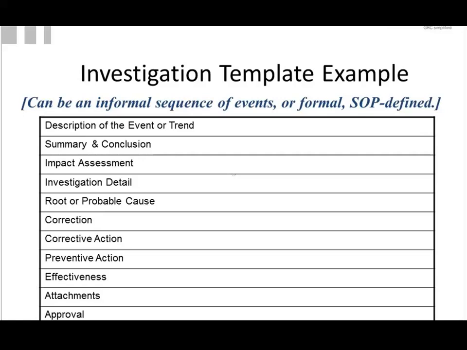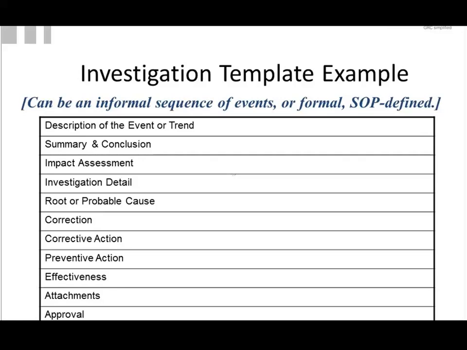Okay. I have a little footnote here. Investigation template example can be an informal sequence of events or formal SOP defined. Ultimately, you want to get to the point where it is formal and SOP defined. Now, if you're a small company and you rely on maybe an engineer or a QAE or just a QA person or even a QA manager in a very small company to do these kinds of things, initially it may start out with just an informal sequence of events, but they're going to have to go through something similar to this.